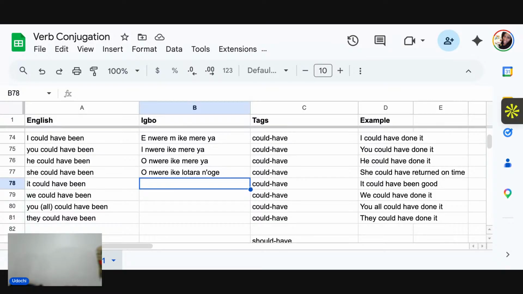I have like 3 books on Igbo linguistics.